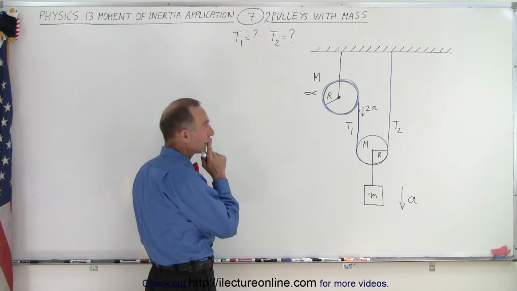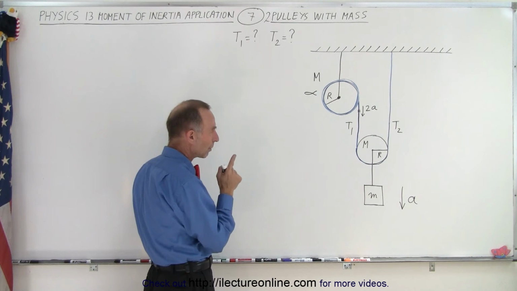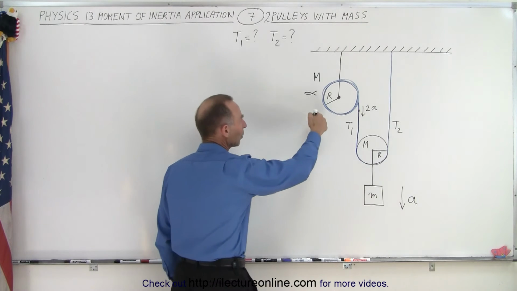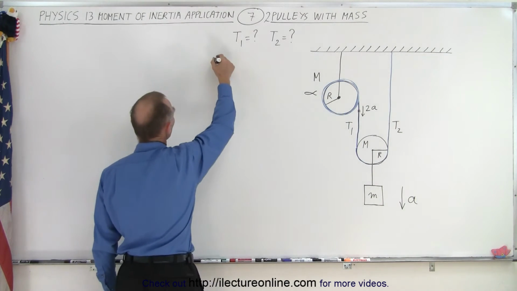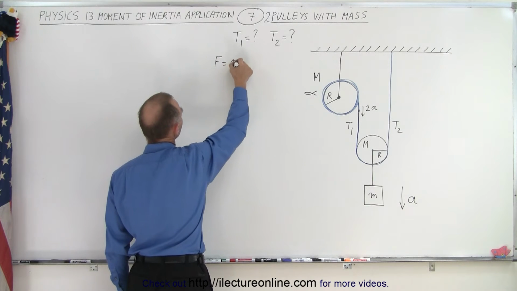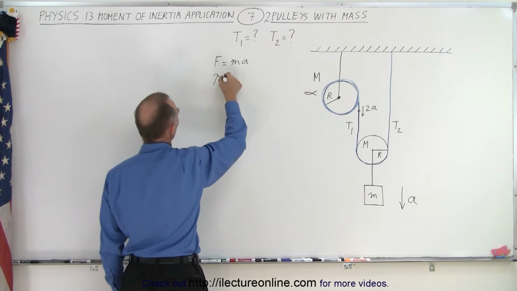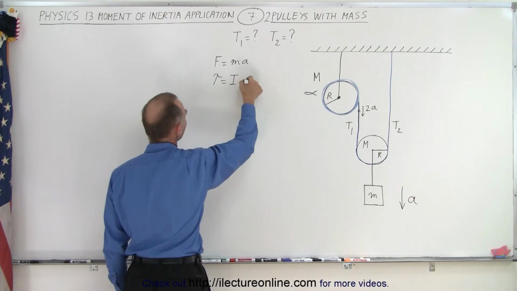All right, then what we should probably do is start working with this pulley right here. Instead of using the equation F equals ma, we're going to use the equation torque equals I times alpha.